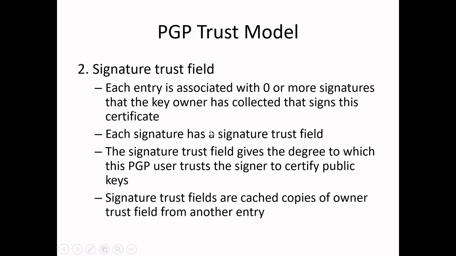Now each signature has a signature trust field, and the signature trust field gives the degree to which this PGP user trusts the signer to certify public keys. So signature trust fields are cache copies of owner trust fields. For every entry for the public key, associated with these entries are signatures of multiple users, and corresponding to each signature you associate a signature trust field also.